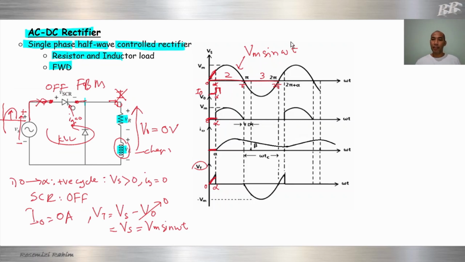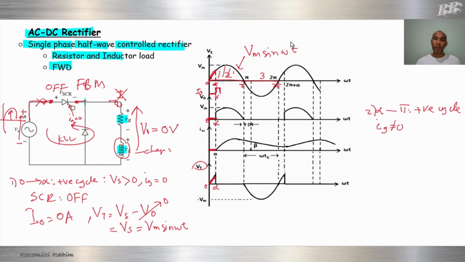Next section is from alpha to pi, positive cycle. At this time, we will inject the current. Ig is not equal to 0.